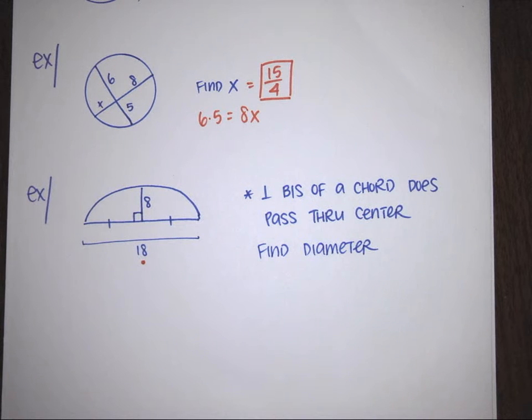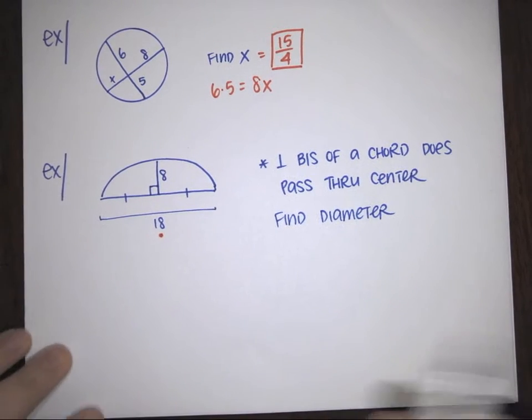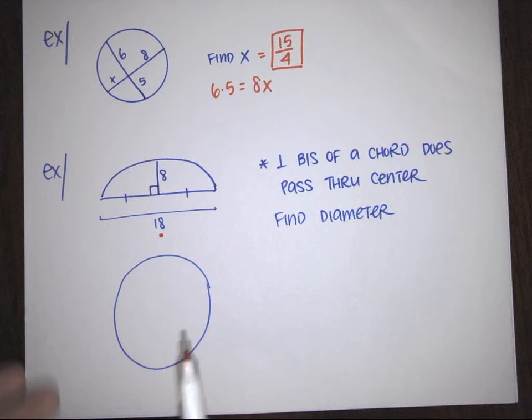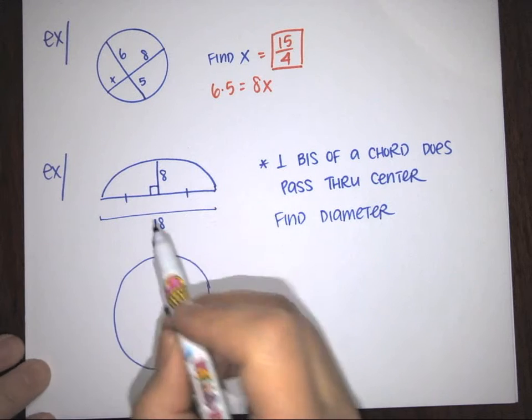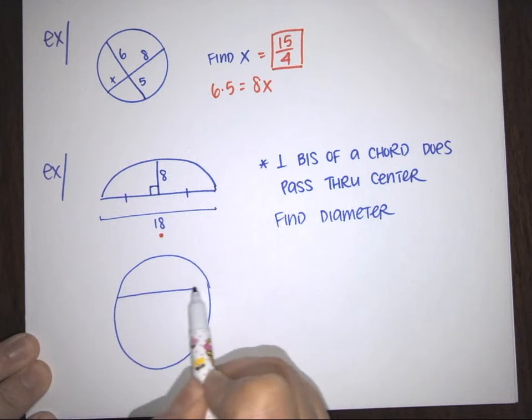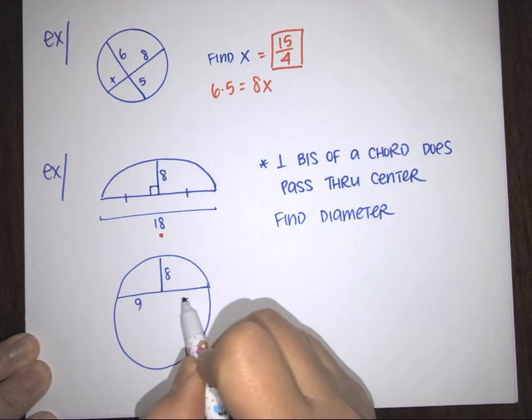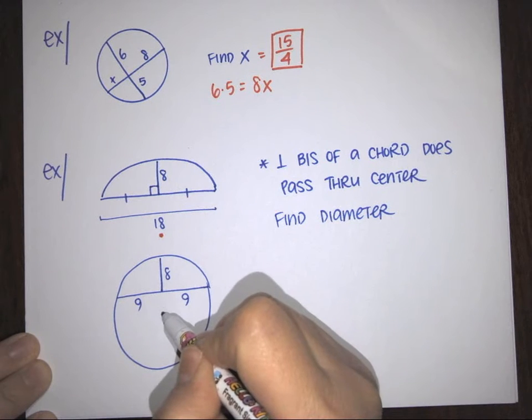There are two ways to do this problem. The first way, so you draw a circle. Let's draw the rest of the circle because this is a portion of it. This is 8 and 9 and 9. The center we'll say is here.